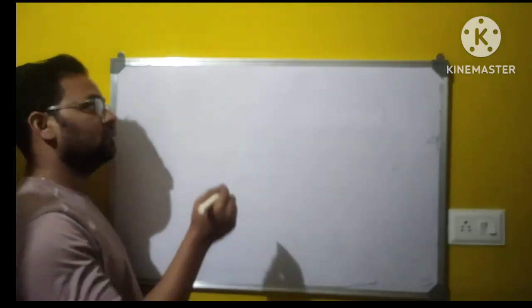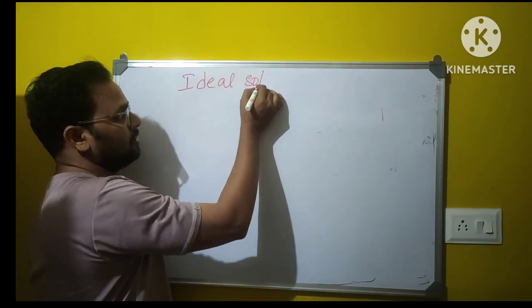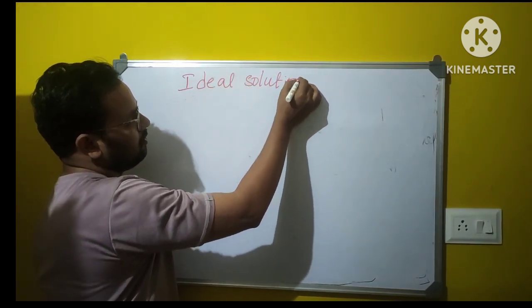Now according to Raoult's law, the solutions are classified into different types. One is ideal solution, another one is non-ideal solution. What are ideal solutions?